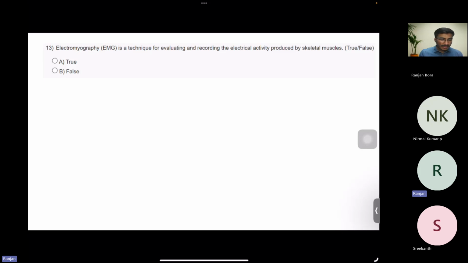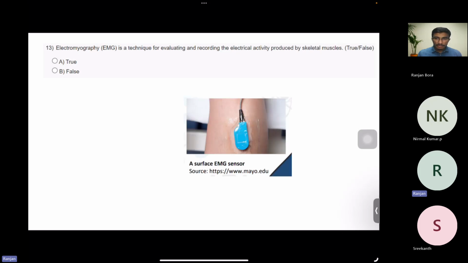And next question is: electromyography is a technique for evaluating and recording the electrical activity produced by skeletal muscles. Is it true or false? You can see this figure. This is an EMG device which we place on our skin.